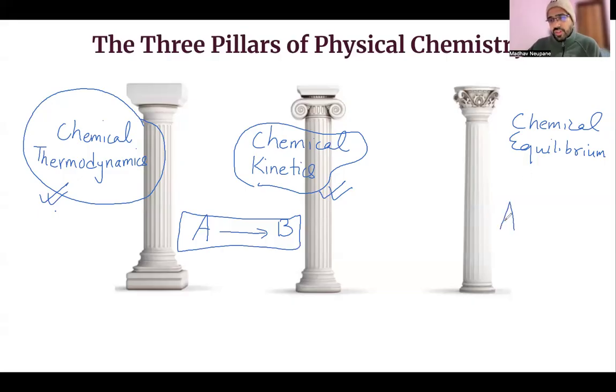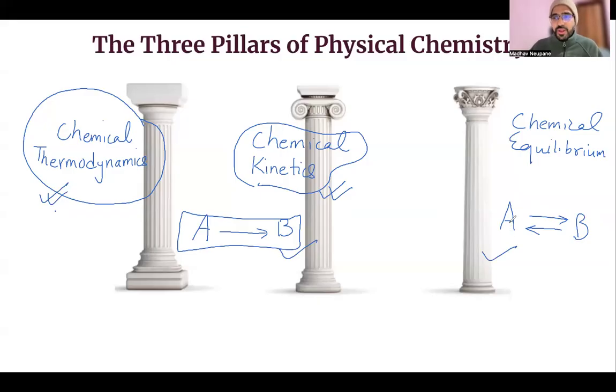This deals with a very unique kind of reaction. In nature, not all chemical reactions are one directional. There are also reversible chemical reactions. So chemical equilibrium deals with reversible chemical reactions. And whether a chemical reaction is one directional or reversible, that's not under our control. Something to keep in mind.